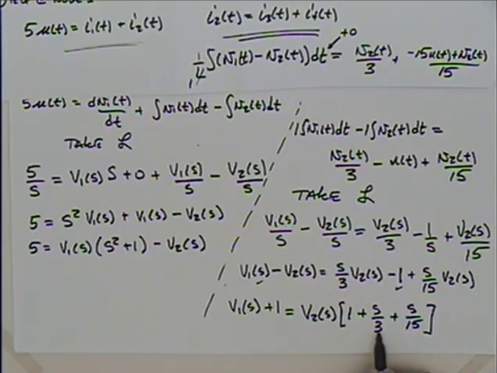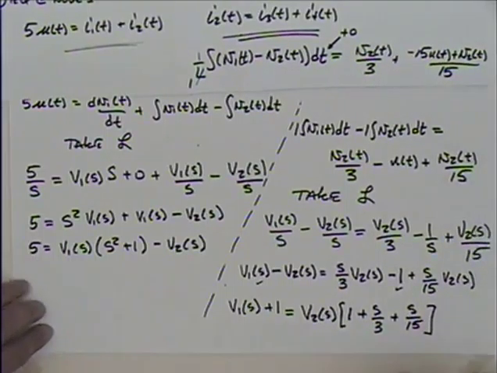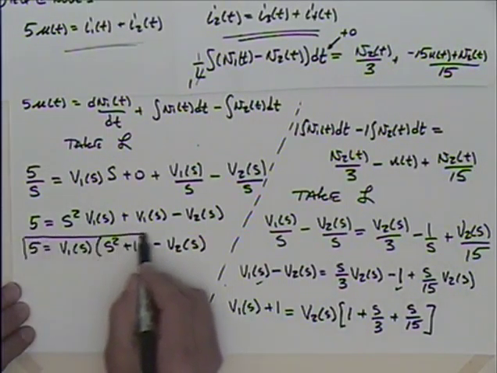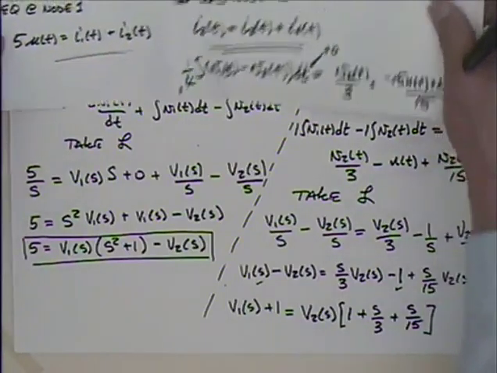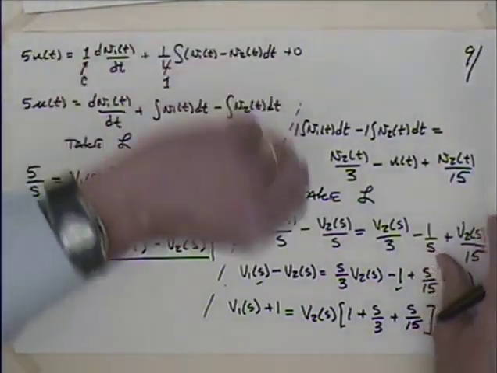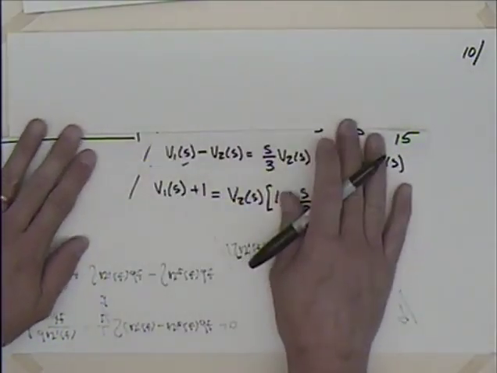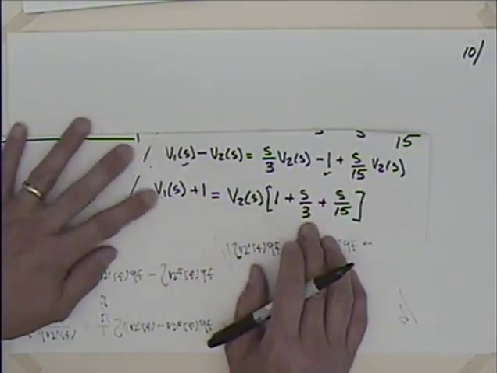So I think we'll keep working on that. So I've got this one, and I'm going to work on this one a little bit more. So let me do that. Page 10. So let's see.